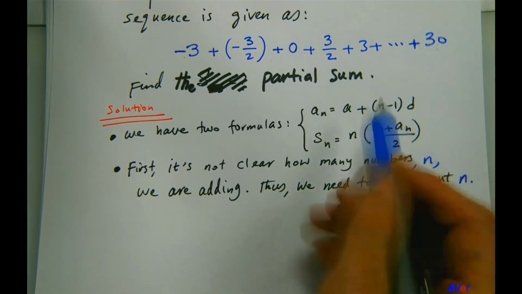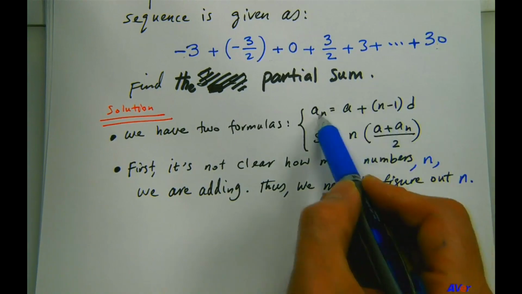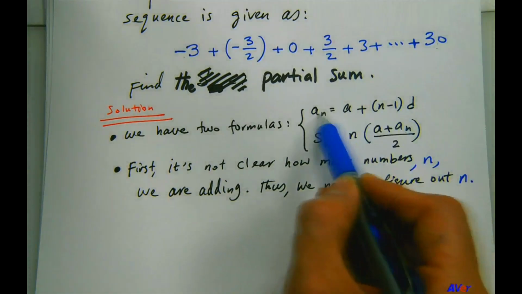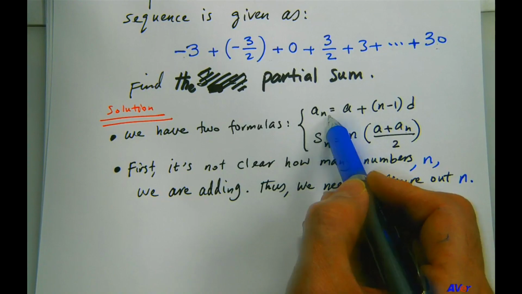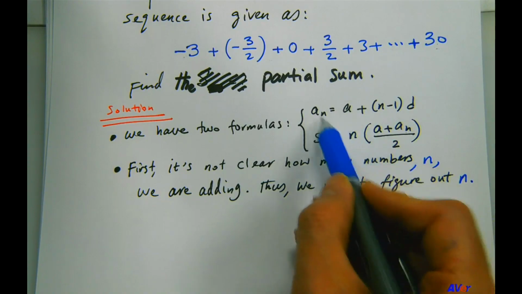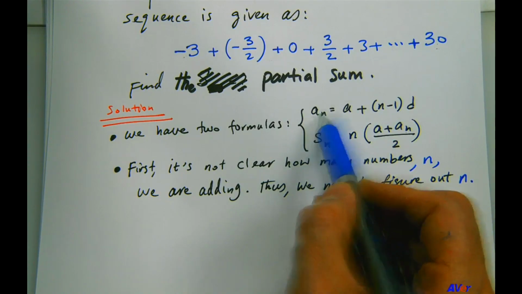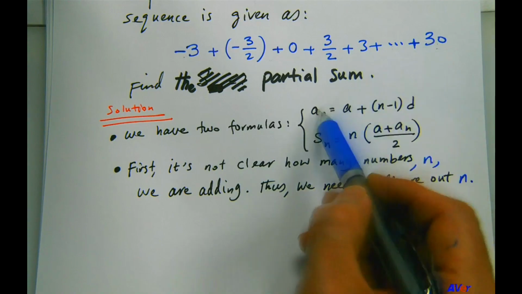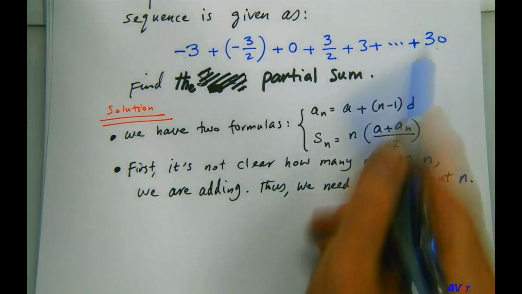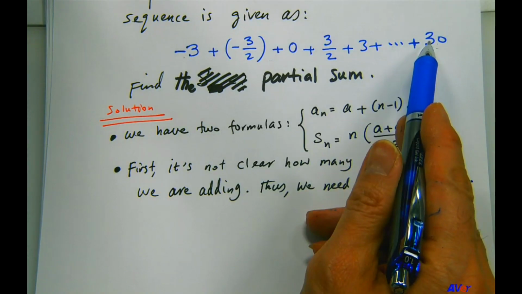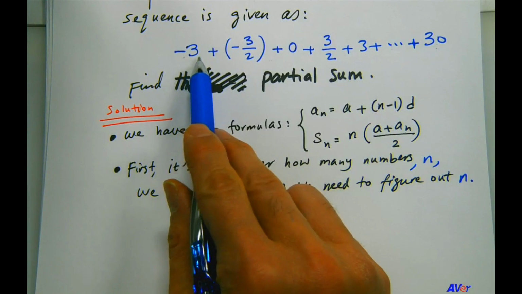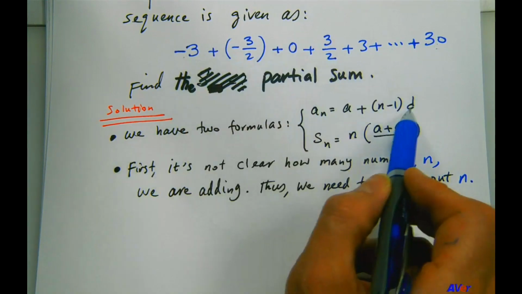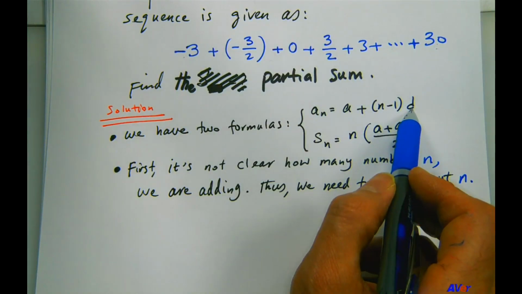Well, let's see if we can use the first formula, the nth term of a sequence formula, to find that. Because we know that last digit, we can take it as an. The last digit is 30, right? We know the first digit is -3. And we know the d, we can calculate d very easily. We can take the difference.